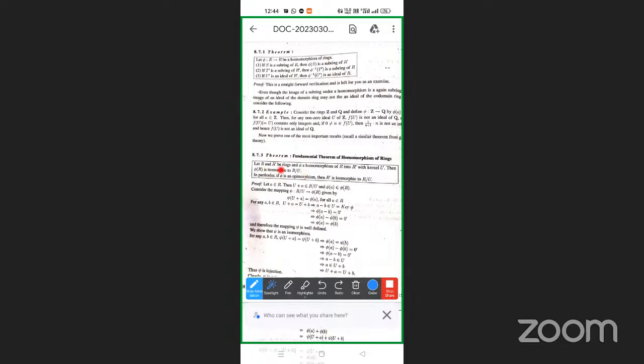So pi is a homomorphism defined from R to R dash, which satisfies the homomorphism conditions, with kernel U. Kernel U is, as per the previous definition, the set where pi of A equals 0 for A belongs to R. Then pi of R is isomorphic to R by U. So isomorphism means we have to show that pi is one-one, pi is onto, and pi is a homomorphism.